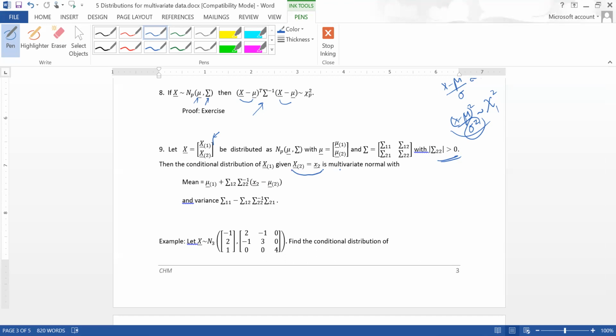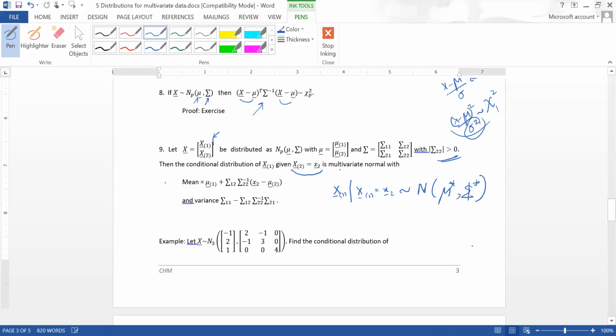That means x1 given x2 has another multivariate normal distribution with, we'll say, mu star and sigma star, the variance covariances.